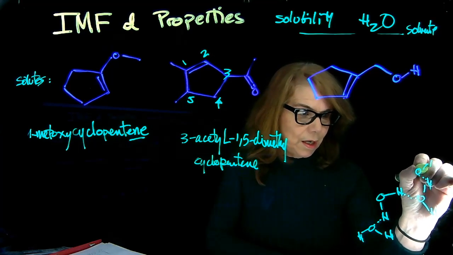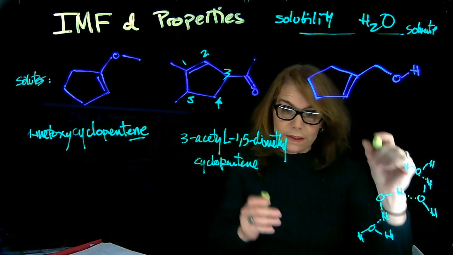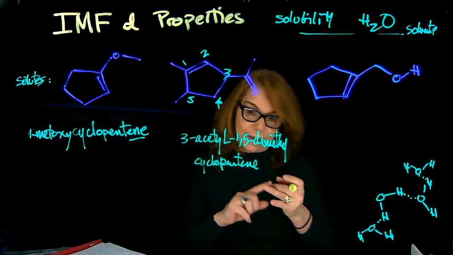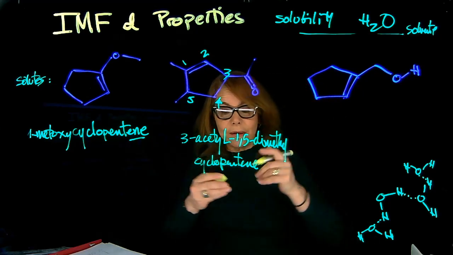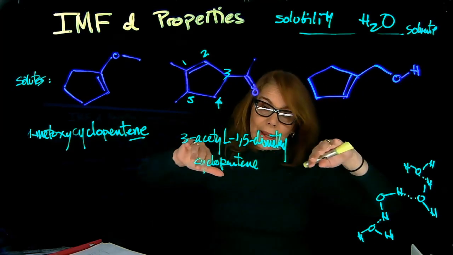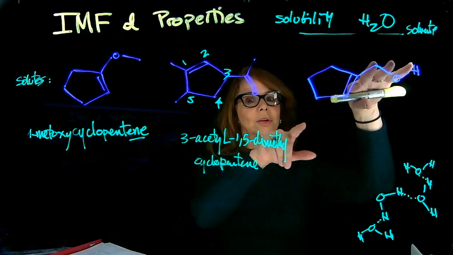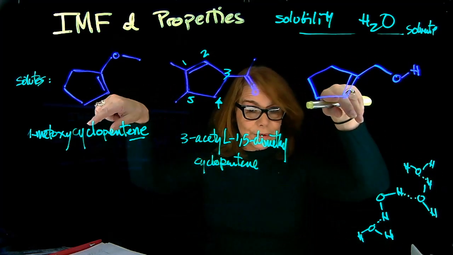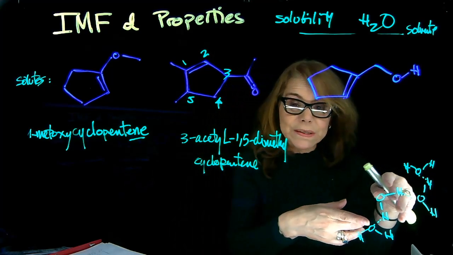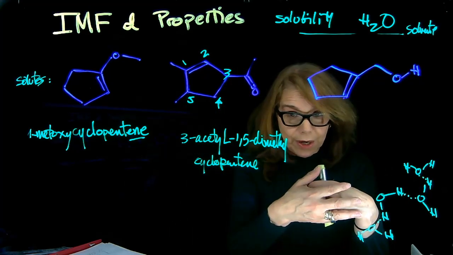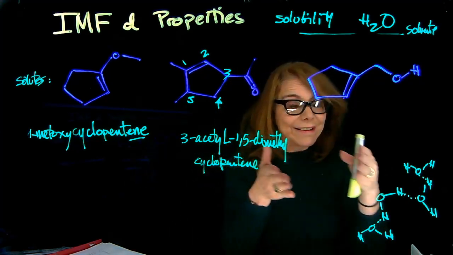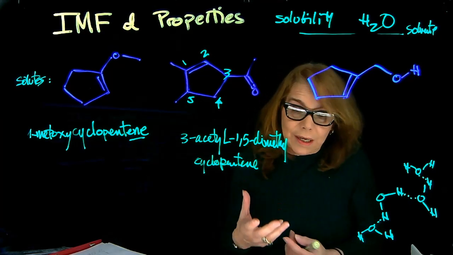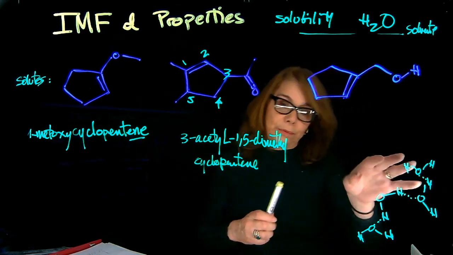And the point is, when you're dissolving a solute in a solvent, there is an enthalpy term and an entropy term. You need to create a cavity in the solvent, breaking some of these intermolecular forces to make room for the solute. And you need to compensate with new interactions between solute and solvent. So you want them to be about the same energy, at least to be able to overcome.